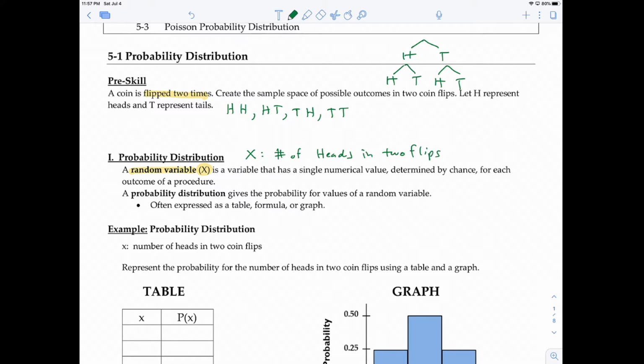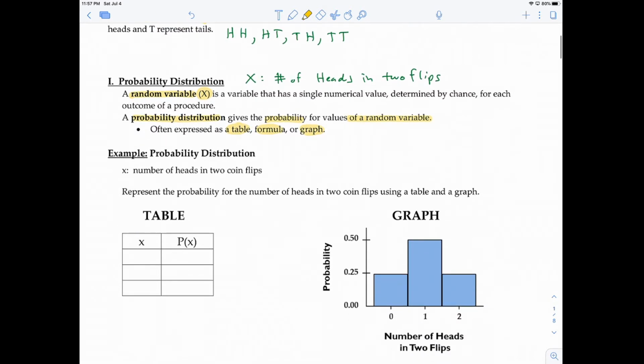All right. And then the next definition, which is pretty important: a probability distribution gives the probability of values of a random variable. A probability distribution is often expressed as a table, a formula, or a graph. So let's take a look at an example of a very simple probability distribution.